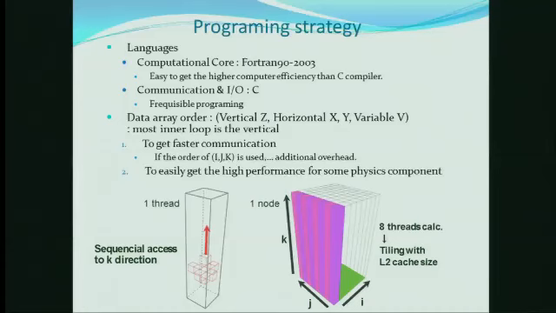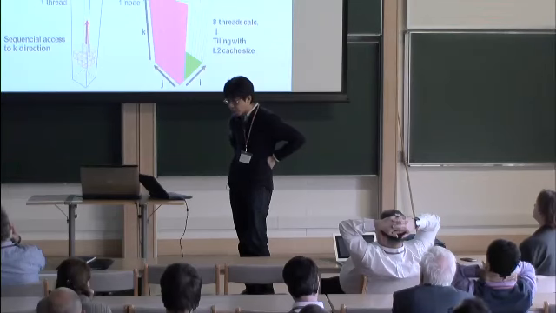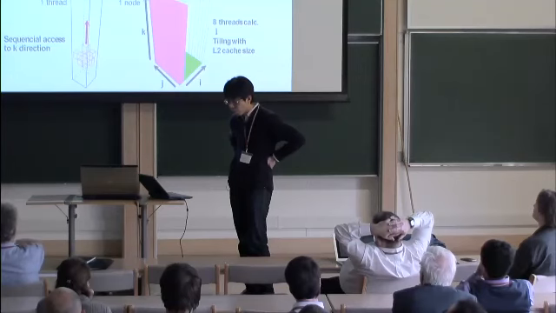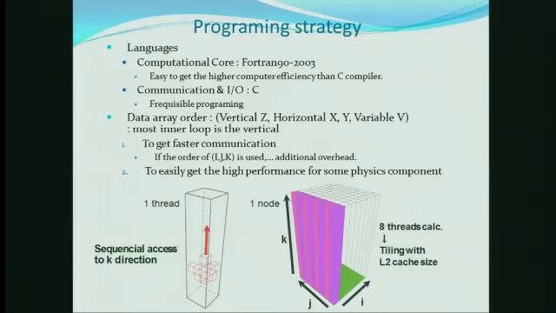So this is our program strategy. For language, we use Fortran 90/2003, because it is easy to get higher computing efficiency than with a C compiler. And the other, we use C, because C is very flexible for system software programming.